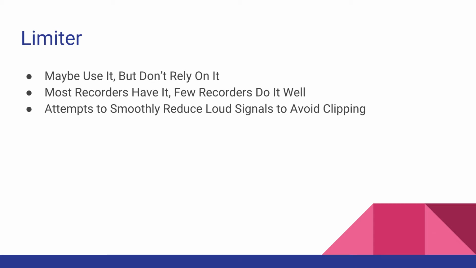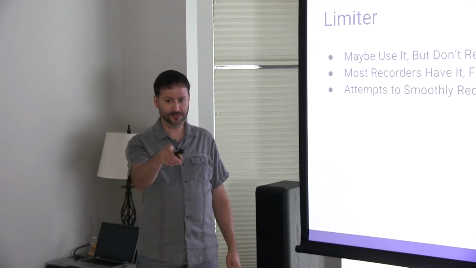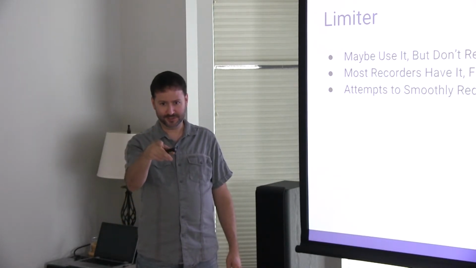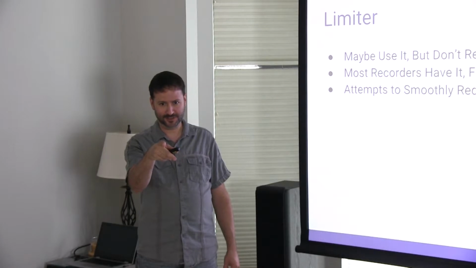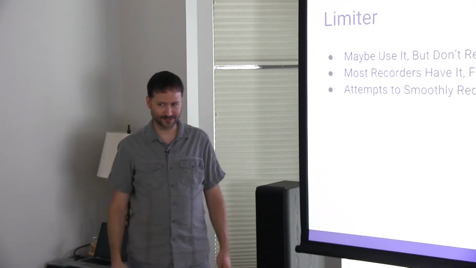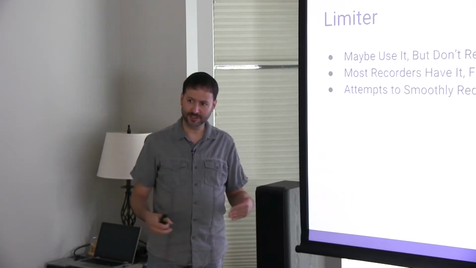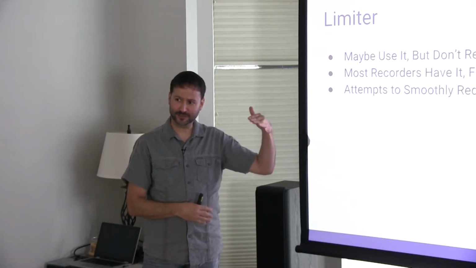Another thing that recorders typically have is something called a limiter, which is going to be a little confusing for Jeff, because Jeff has been using a limiter function in his software as a hack to get around the fact that it can only adjust the volume by 12 dB. So the actual purpose of a limiter, we were talking earlier about clipping.